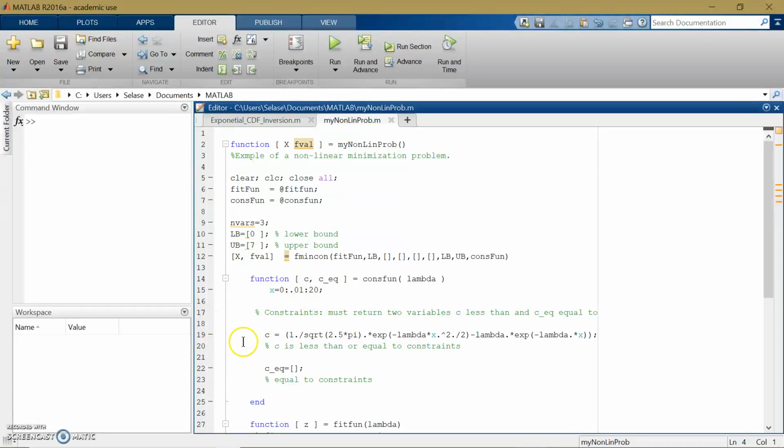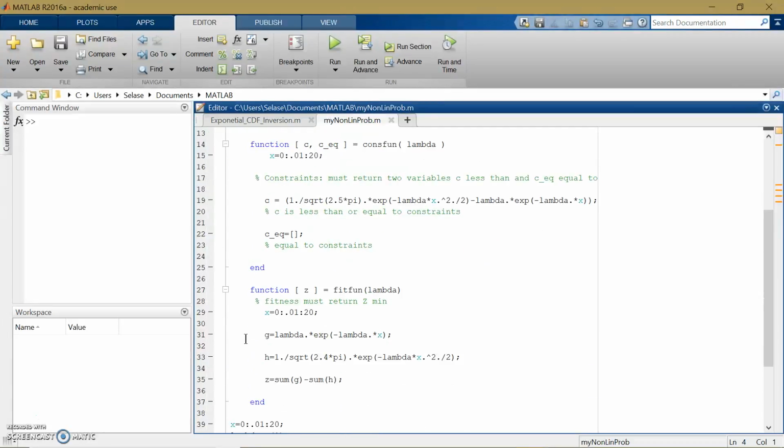We have our constraints here, and then we have set our c, which I believe is subtracting our h of x from our g of x, and then our c equation is just equal to constraints.